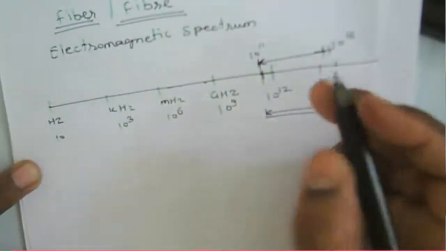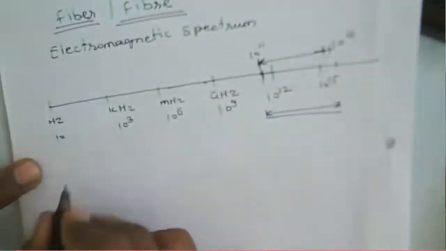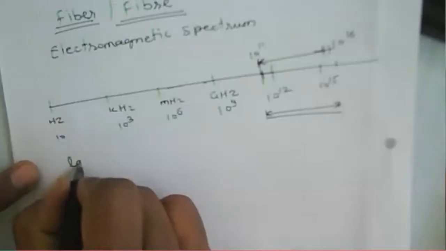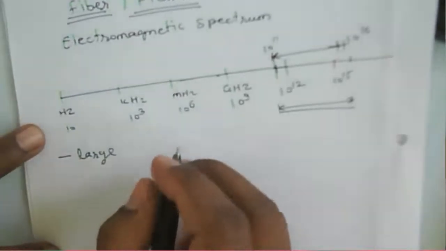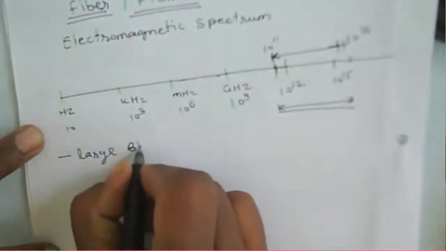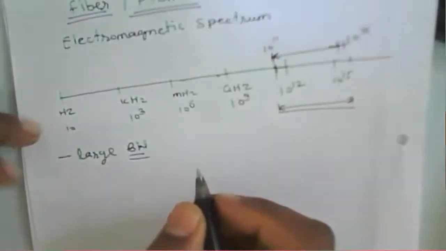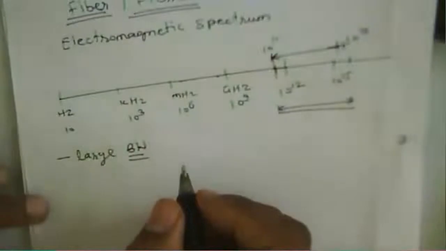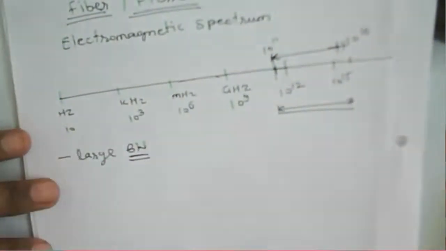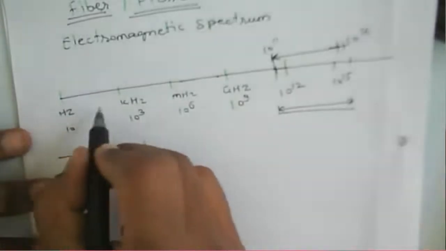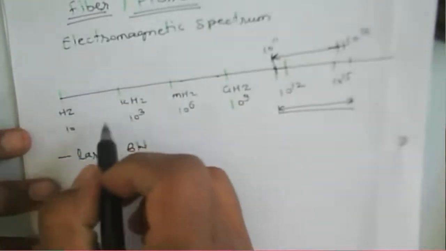So that's why that fiber will work, we say in application, for a large bandwidth. So we will get applications of the optical fiber for the larger bandwidth. And if you consider below this particular frequency range, the bandwidth will be small.